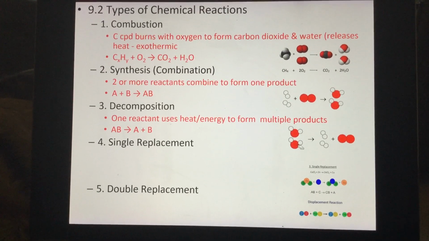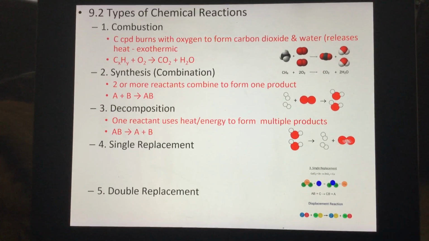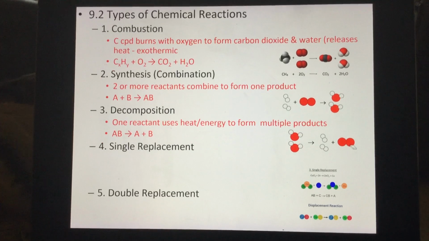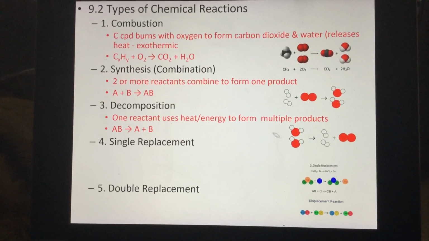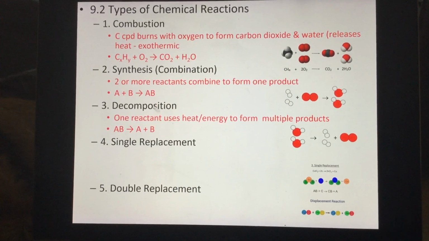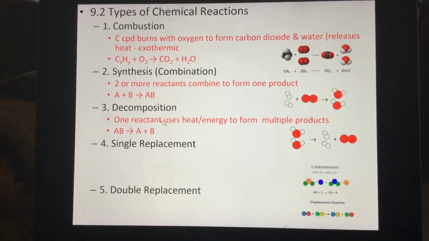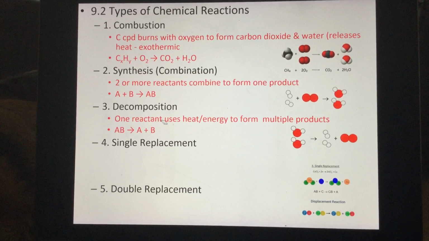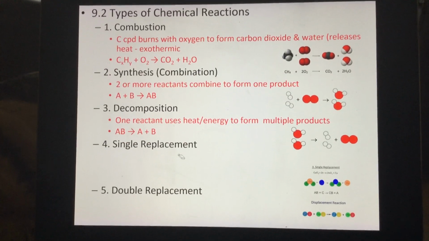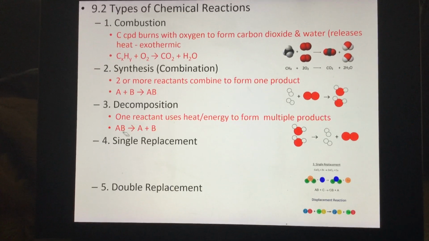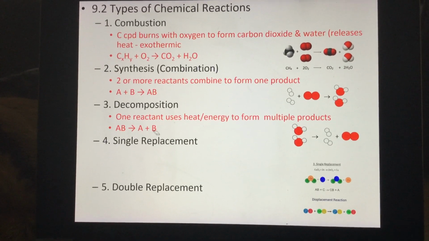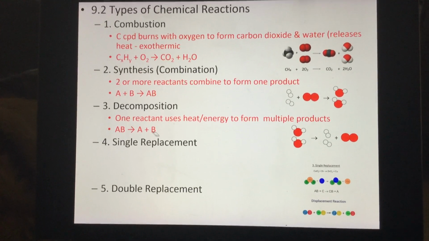Here we can separate water into hydrogen and oxygen through decomposition, but that does require some energy. And again, when we talk about these different reactions in more detail starting next week, we'll get into all of that other stuff as well. Right now you just need to spot it based on the clues that it's one reactant making multiple products.